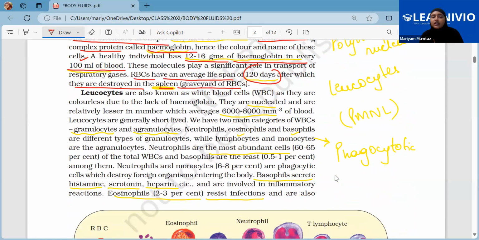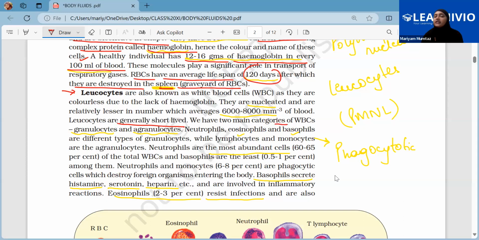Now talking about the leukocytes. Leukocytes are the white blood cells. They do not have any pigment, that is, hemoglobin is absent in them. They are nucleated and relatively lesser in number, averaging 6,000 to 8,000 per cubic millimeter of blood. Leukocytes are generally short-lived.